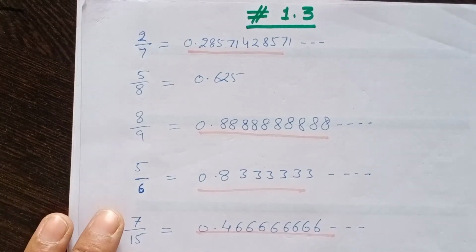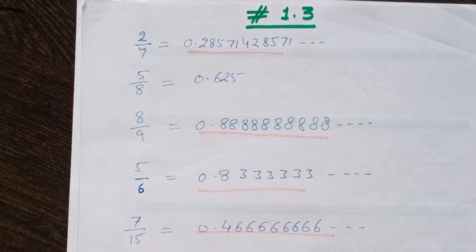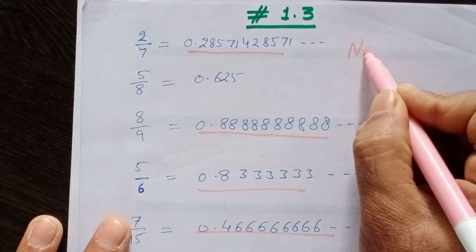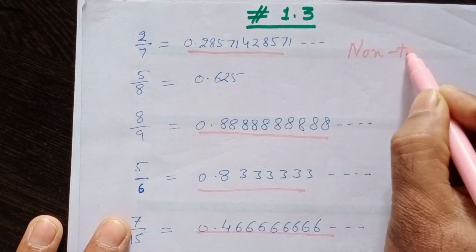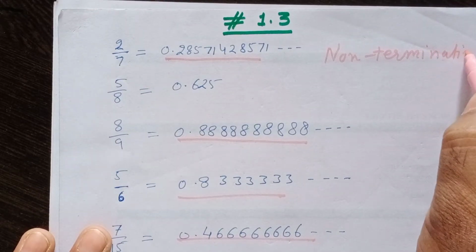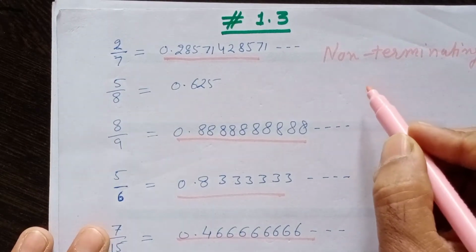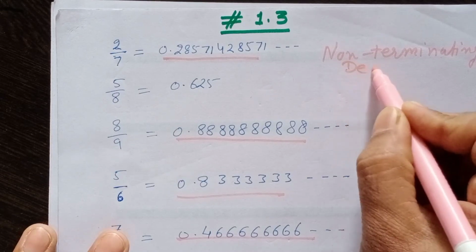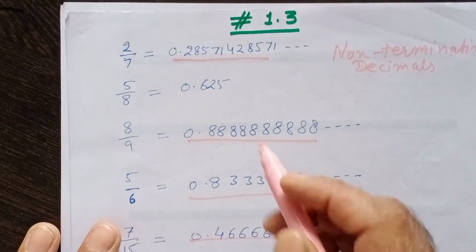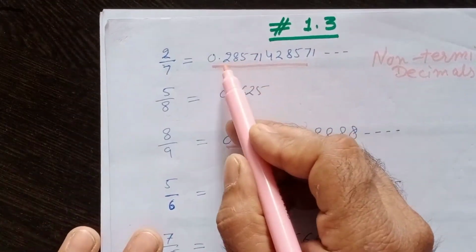All right, you write on your page, non-terminating decimals. But the name is not just non-terminating decimals. These are not just non-terminating.